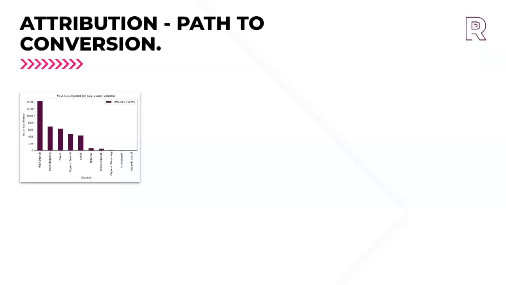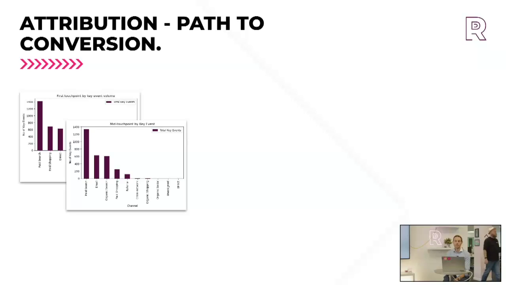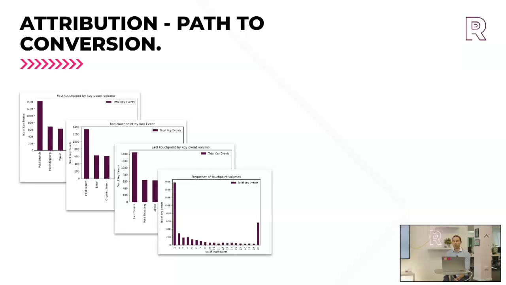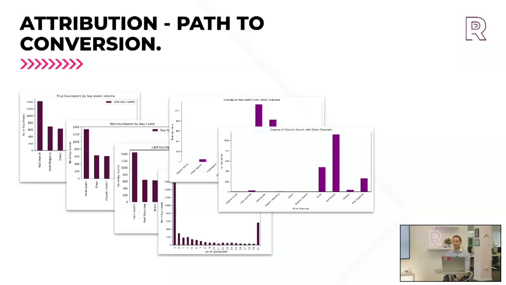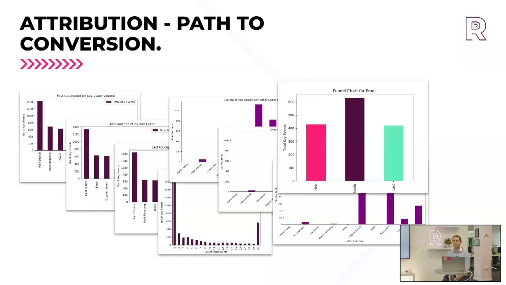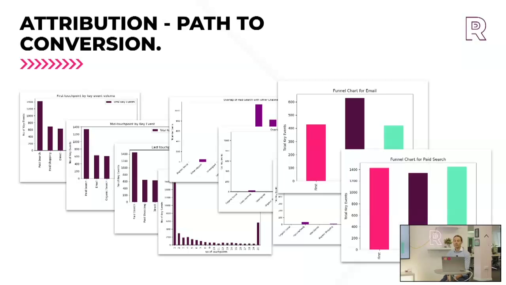One of the really interesting ones is path to conversion. So this was a report that wasn't initially available, unfortunately, within GA4, and they have now brought it in. We actually have a proprietary tool in-house that takes that data, because it's not very easy to manipulate once you've got the report, and it spits out report charts for you.